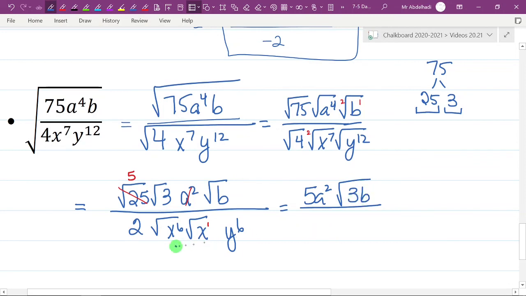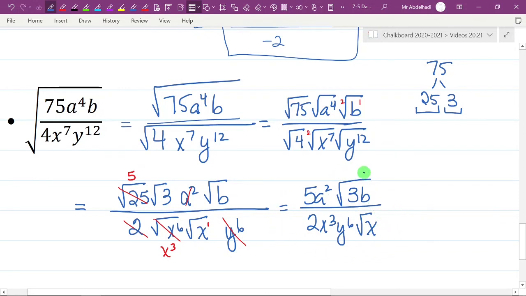Now down here, you got a 2, right? So that's gone. You have a y to the 6th. And this right here, by the way, is going to be x to the 3rd. That's the whole reason why we broke it off that way. X to the 3rd. So you have 2x to the 3rd, y to the 6th. So that takes care of that and that. All you have left is this radical x here. Okay, so this is our answer so far.